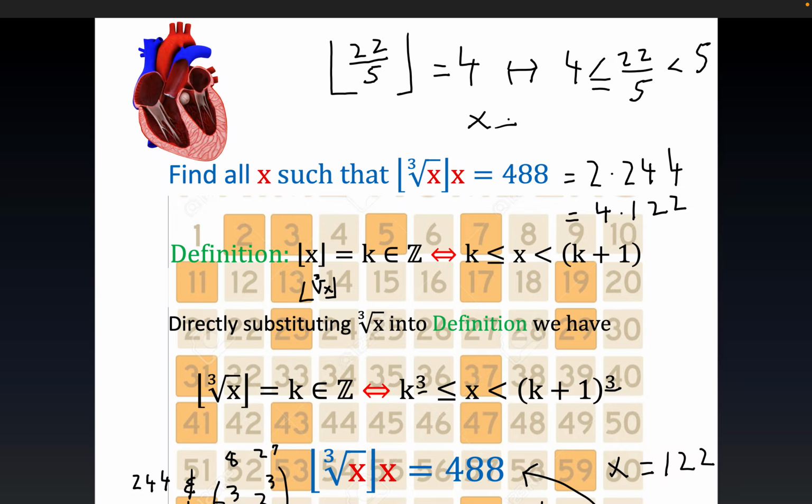Now, I didn't rigorously prove it, but this is an increasing function. By the way, it's discontinuous, but it's a nice looking function. It's more or less linear on intervals, and then there are jumps at the integers. But x equals 122 is the only solution I found. Okay, that's all.